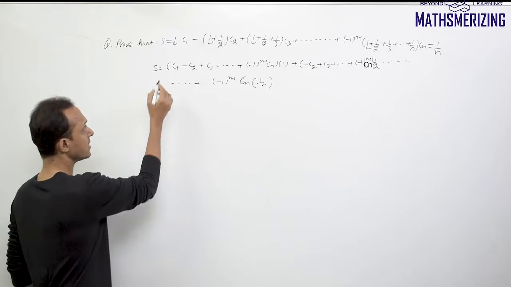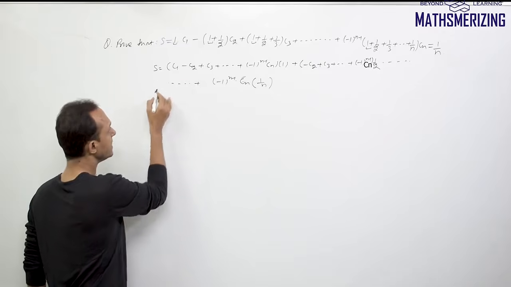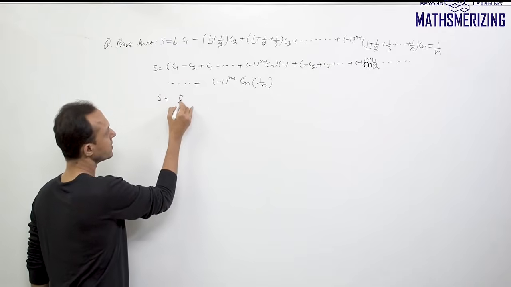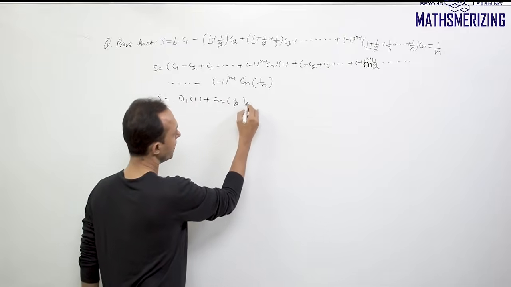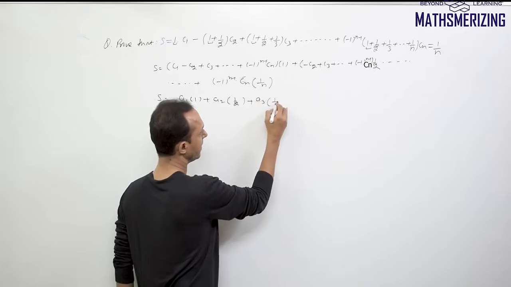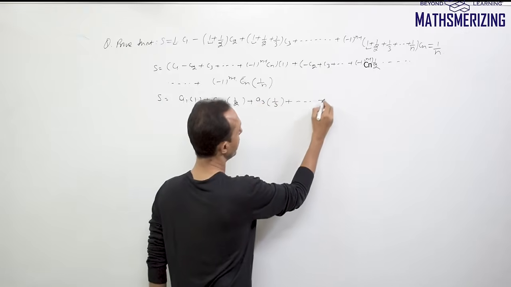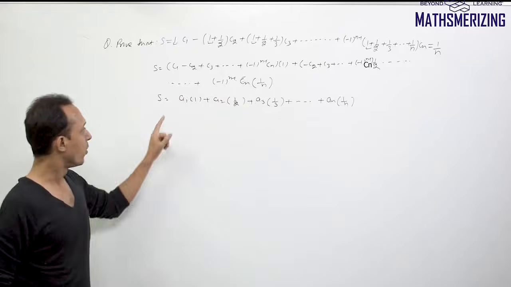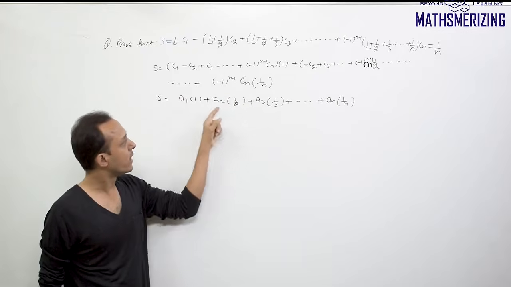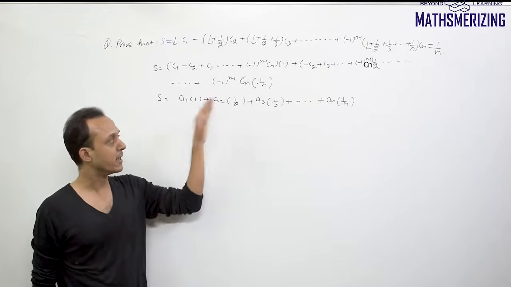Now I'll try to write this series as a1 into 1 plus a2 into 1 by 2 plus a3 into 1 by 3, and then plus an into 1 by n. And I want to express this a1, a2, a3 in some general formula.